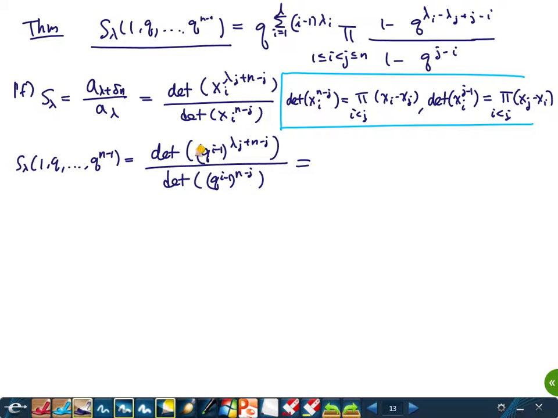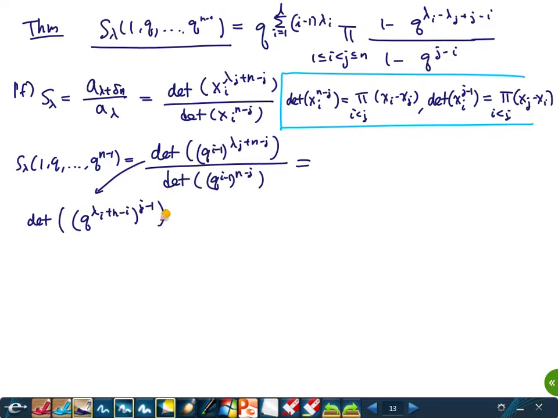So we need to compute two determinants here. The first one, the numerator. Let me change the order. Let me move this inside, and exchange i and j. Doesn't matter because the determinant is still the same.